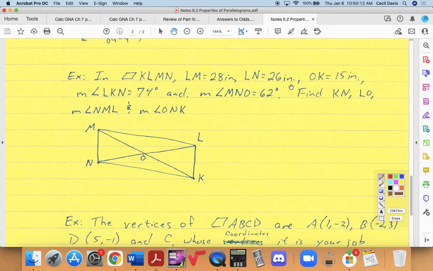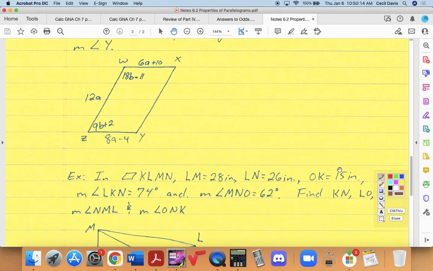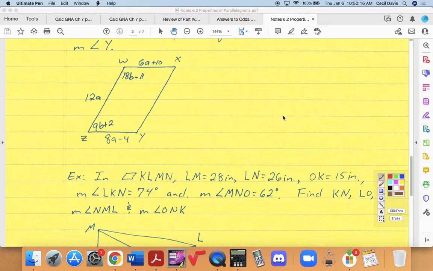We never found the angle measure of y. Oh, we didn't, did we? It's 115. Then the measure of angle y, what was b? b was 7. So it's 18b minus 11, not 4.